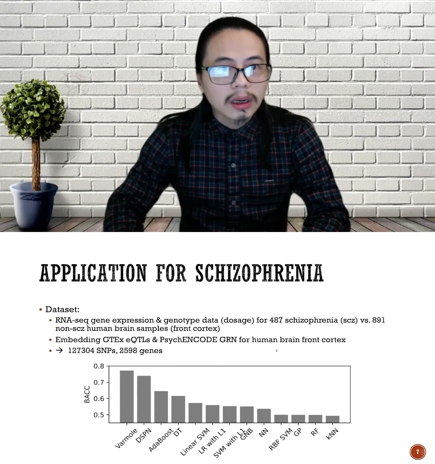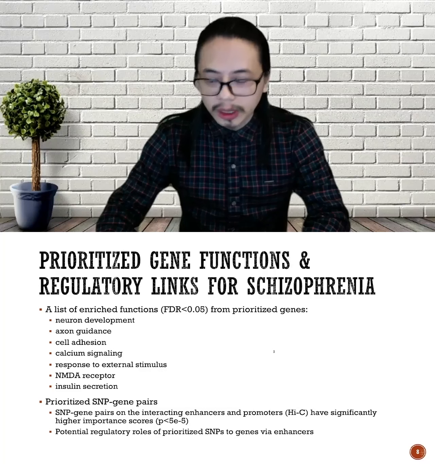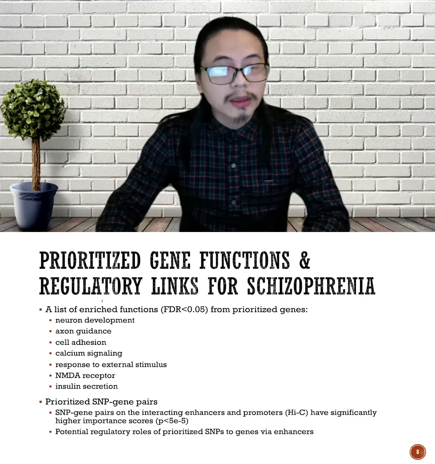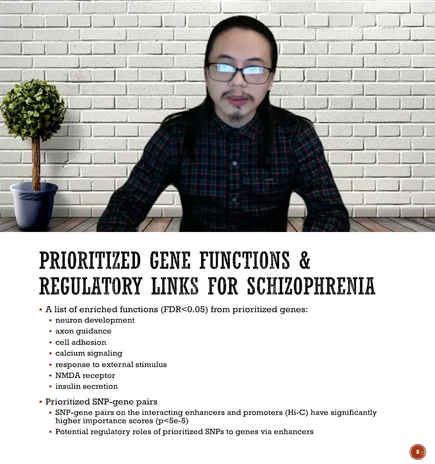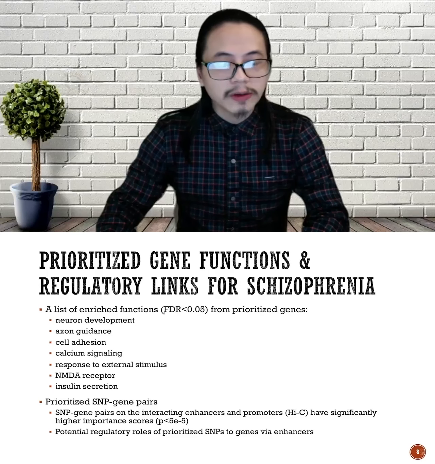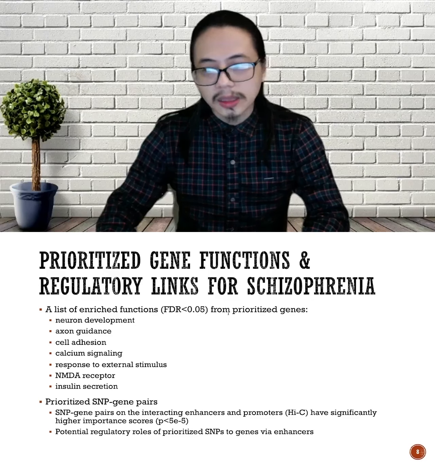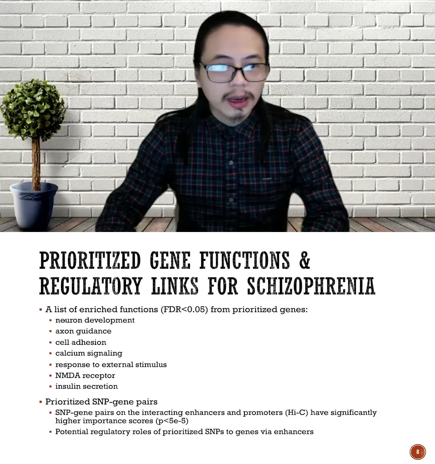Okay. And to reveal the biological meaning, we did some enrichment analysis to find the prioritized gene functions and regulatory links for schizophrenia. As you can see, this is a list of enriched functions, and this list is supported by many previous studies on schizophrenia.